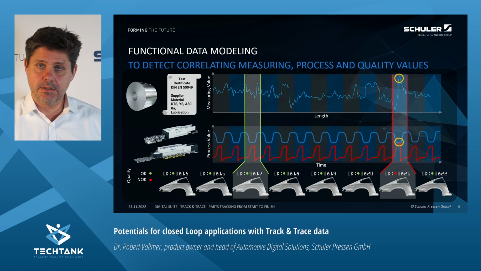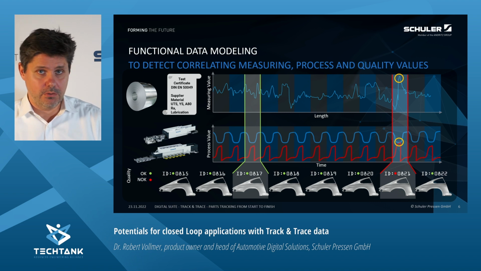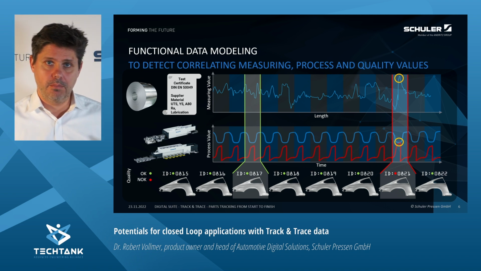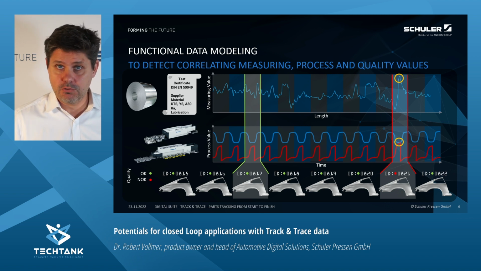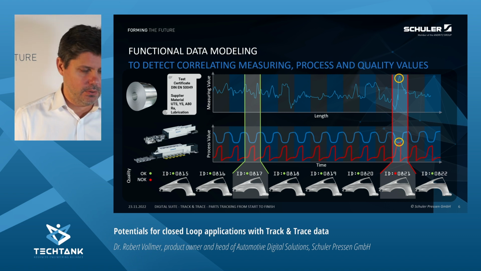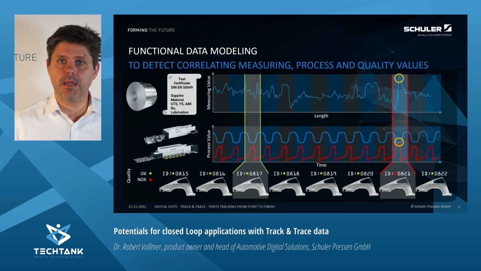Afterwards, you process these blanks to form parts. That means it goes through the blanking process, onto a pallet, and this pallet moves to a tandem press line, where you process this part into a finished part with several strokes. So what we are doing is full tracking. In the press line we again take this blank and add some data from the press line, and at the end what we get is full forward and backward batch transparency.